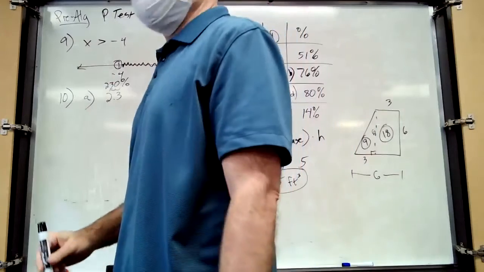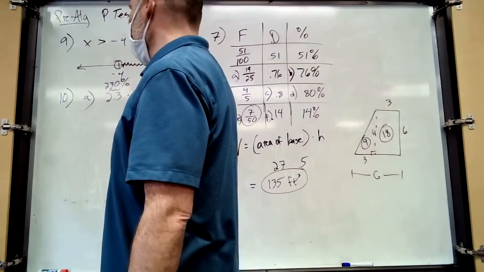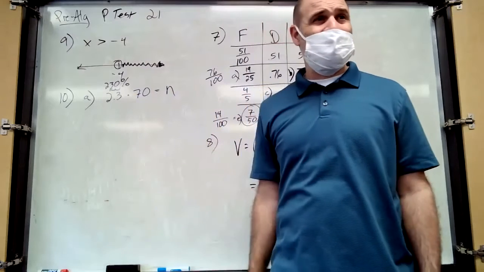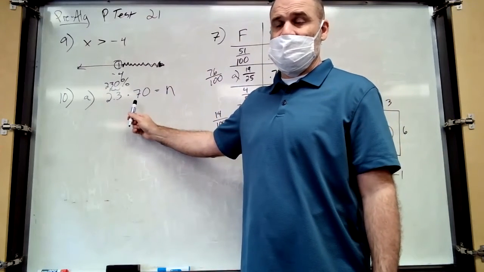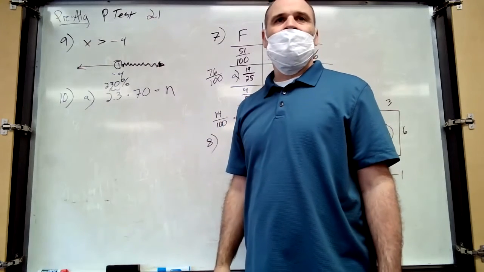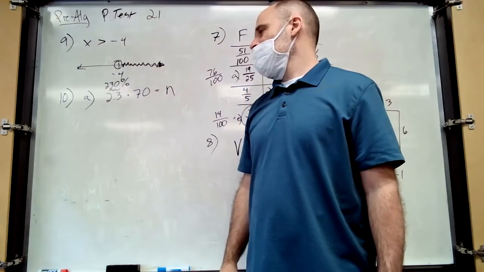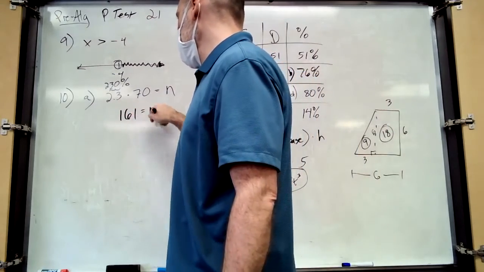How do you say of? Multiplication. 70 is what number? So there's your equation. Calculator, go for it. 2.3 times 70. 161. Okay, so 161. That's what n is.